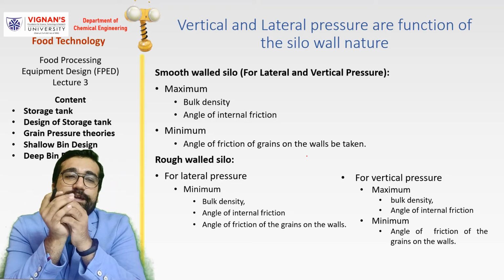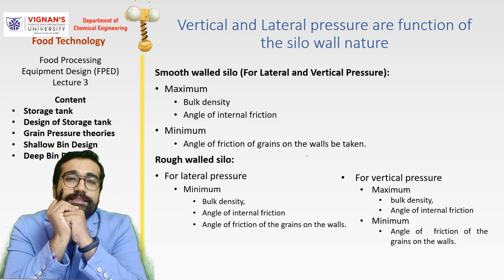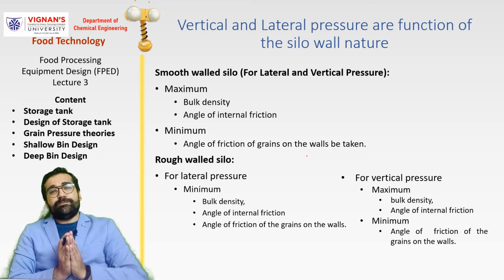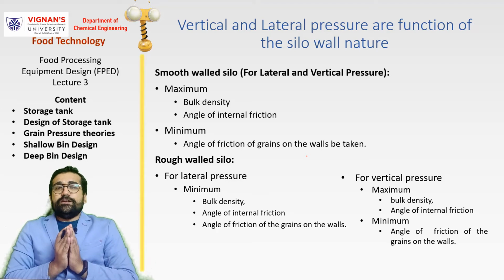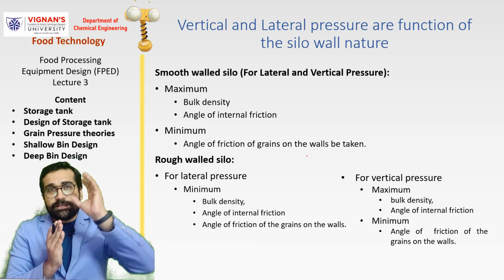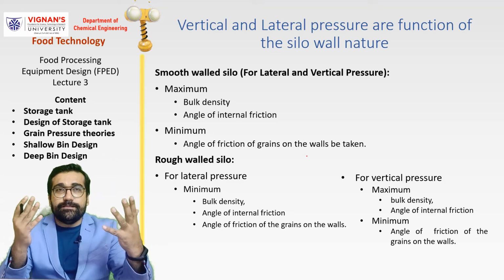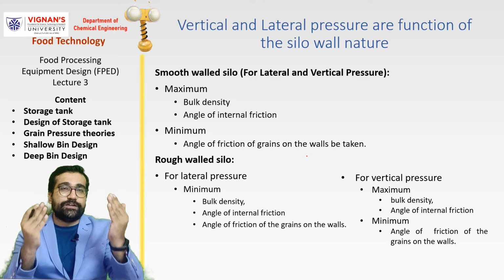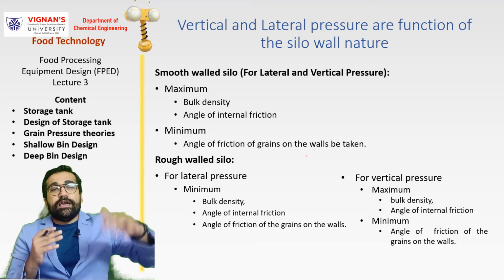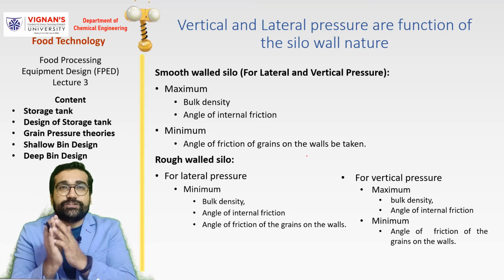When we design a smooth wall silo, a very smooth wall silo, whether designing for lateral pressure or vertical pressure, we keep the bulk density at its maximum value for our material, and the angle of internal friction at its maximum, whereas we take the minimum value of the angle of friction of grain with walls, which is the external friction.